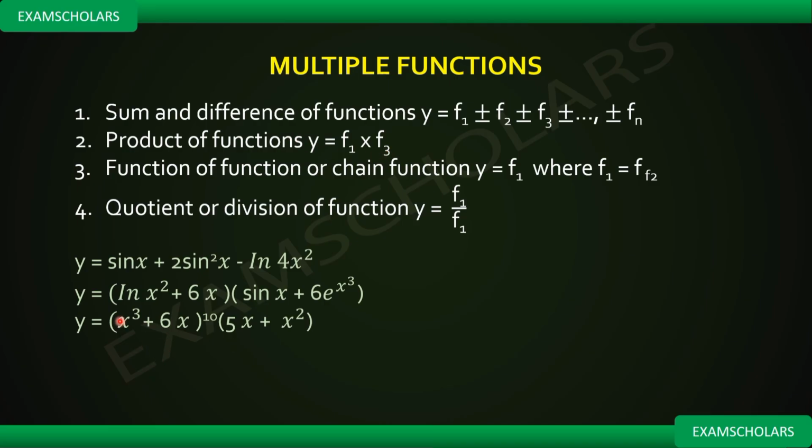You see that this one is adding this one, and here is sum and difference of functions. But now observe something again. The whole of this one is now having the power of 10, which is what? We have a polynomial function here inside. The whole of this is also acting as what? Polynomial function, because it's carrying 10. Polynomial inside another polynomial. Now come to this one. This one is just a polynomial function adding itself.